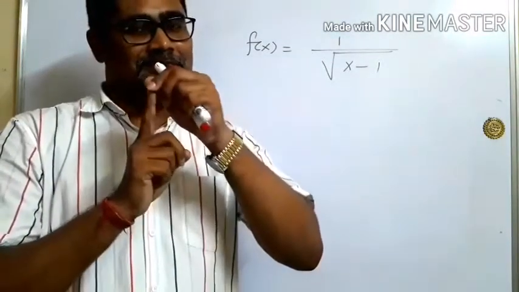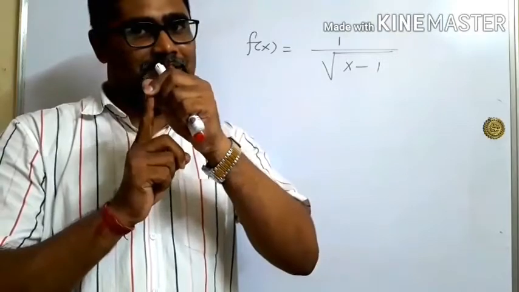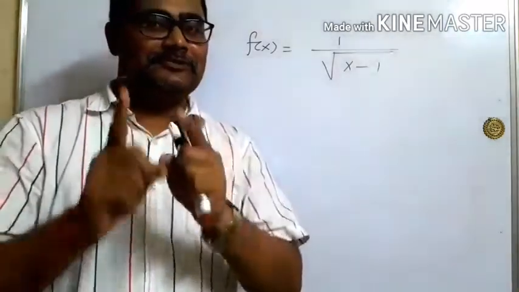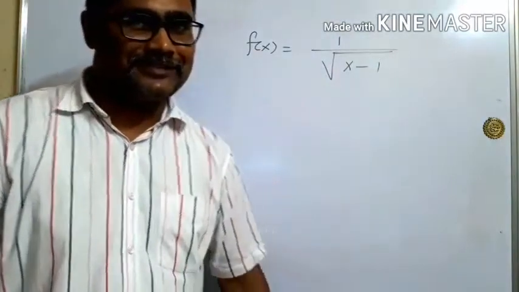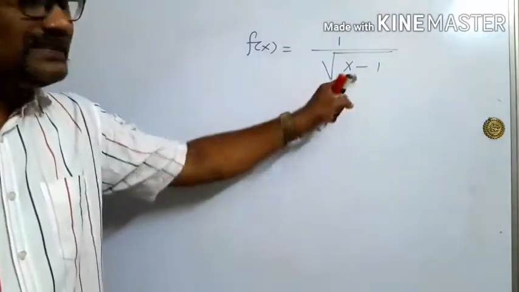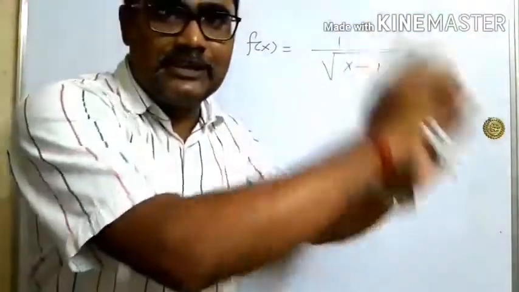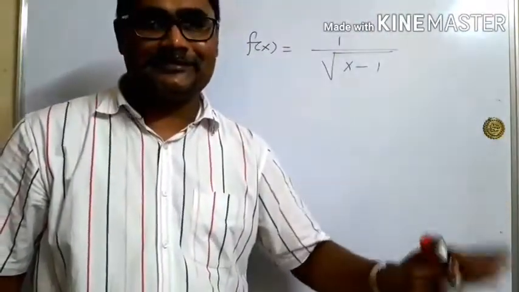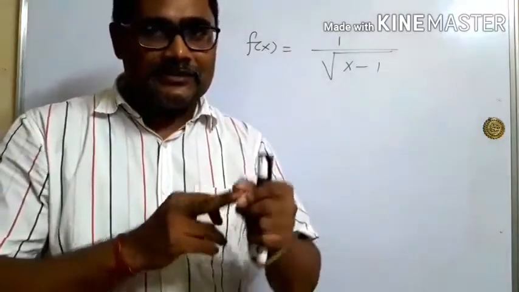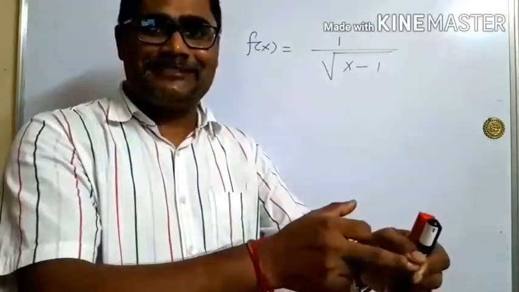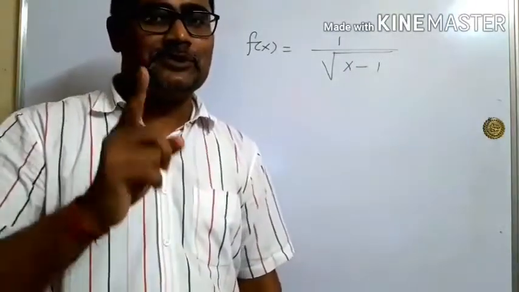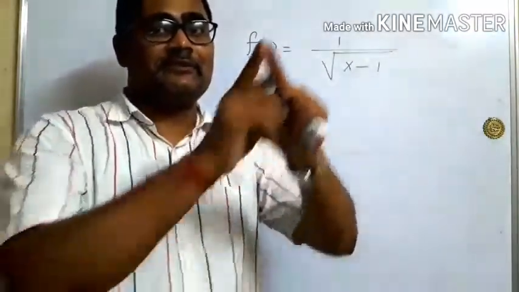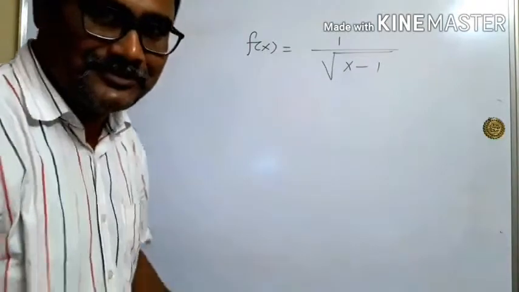Combine them. First condition, in a fraction, the denominator should not be 0. Clearly x equal to 1 is kicked away. Right? 1 cannot be there. Second condition, the square root is present. Inside the square root, negative numbers will not come. It should be greater than or equal to 0. Right?